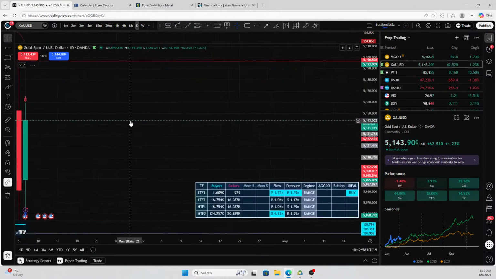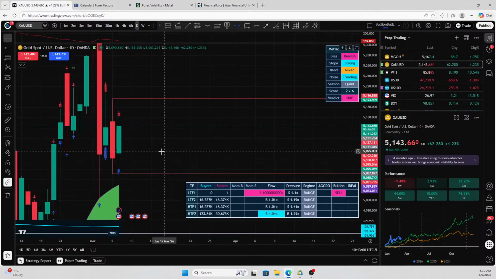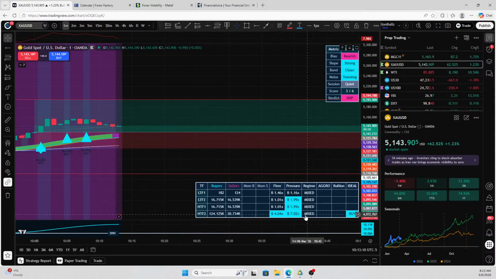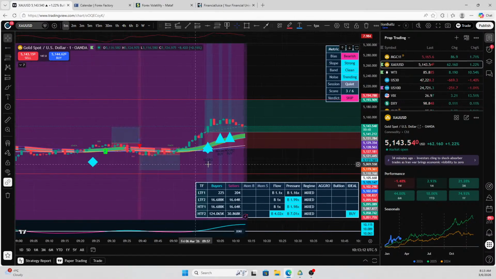On the daily candle, price is going to potentially go to the high, targeting the previous day high. Pressure is still strong.